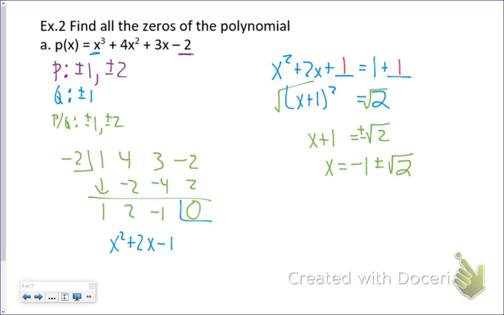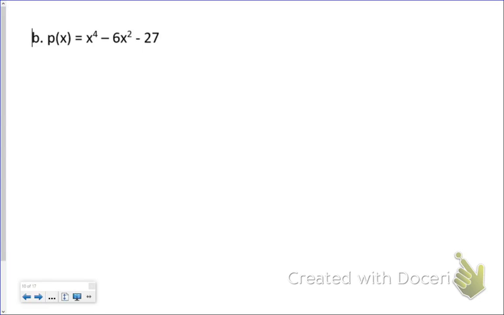All right, so now we have 3 total answers here. We have -1 plus the square root of 2, -1 minus the square root of 2, and don't forget, -2. Okay, -2 was an answer because that was my value that worked back when I did synthetic division.